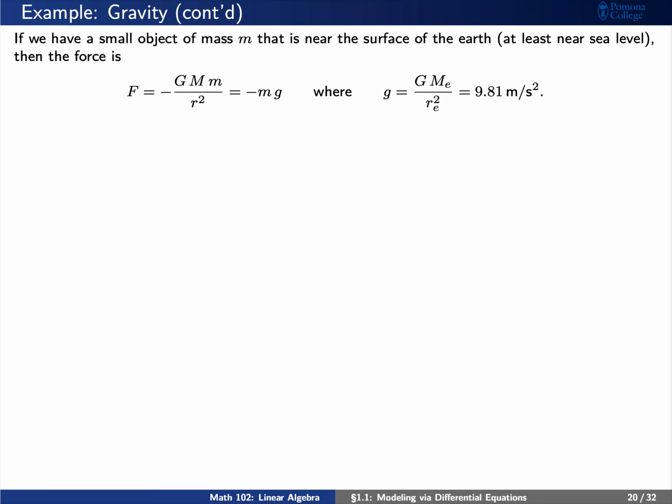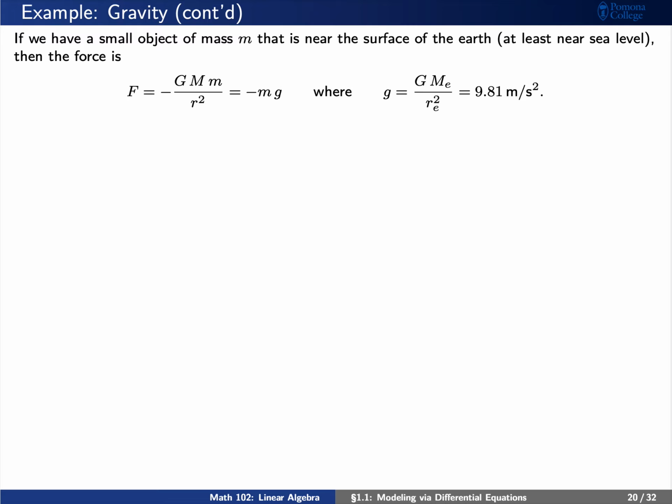Let's continue with this example. Let's say that we have a small object of mass m that is relatively near the surface of the Earth. Think of this as perhaps you have a ball in your hand and you simply want to toss it in the air. This ball of small mass lowercase m is going to be attracted to the Earth, but now we have a slightly simpler formula.